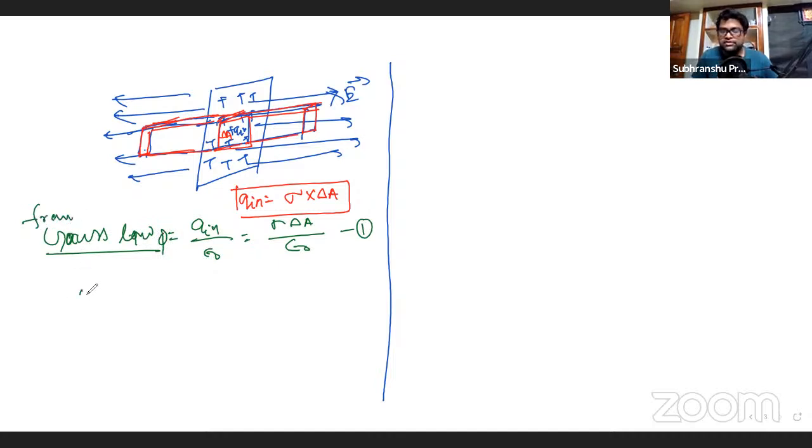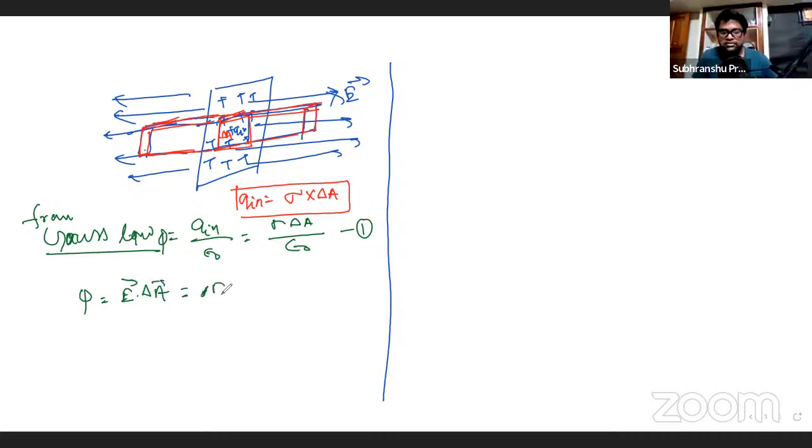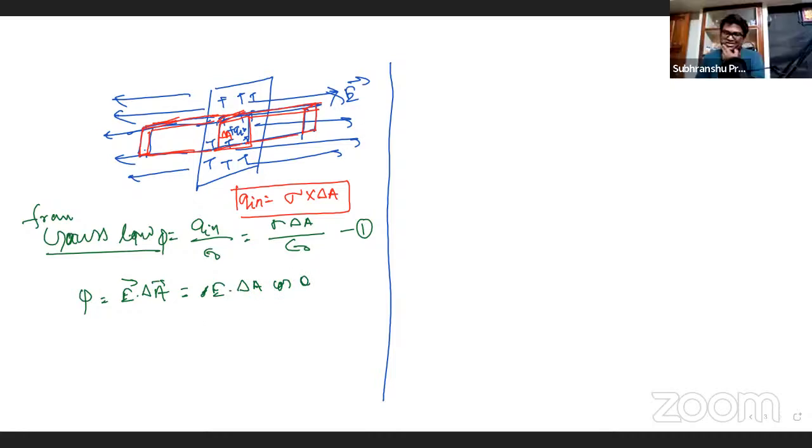Now also we know that flux equals E dA cos theta.